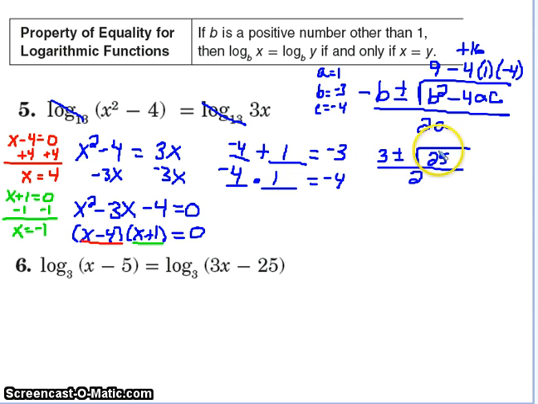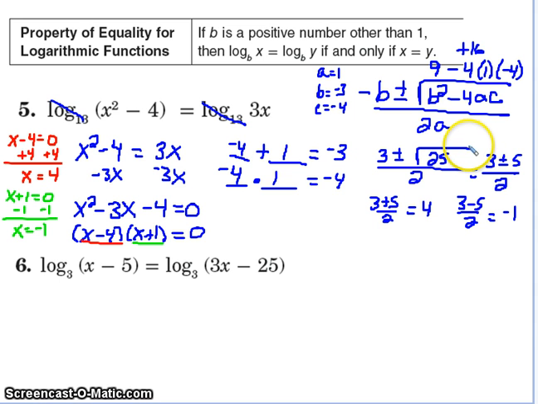Now we like this because the square root of 25 is, that's right, 5. That's one of our perfect squares. And so one of my answers is going to be 3 plus 5 over 2, which is 4. The other one is 3 minus 5 over 2, which is -1. So whether we factor or whether we use our quadratic formula, either way we're going to get the same answer.